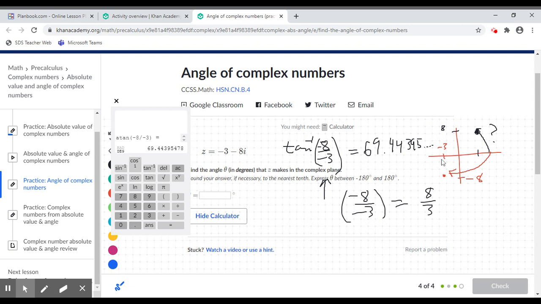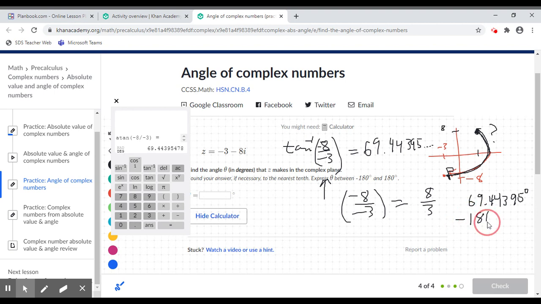So the way that we want to adjust for this is we have to go from 69 degrees all the way down to here, somewhere in between negative 90 and negative 180. The way to adjust is to literally rotate that much. So when we rotate that direction, we have to subtract. Sometimes you'll have to do this. That's why every one of these I've been graphing first. 69 degrees doesn't work.